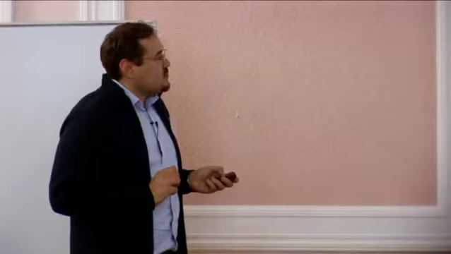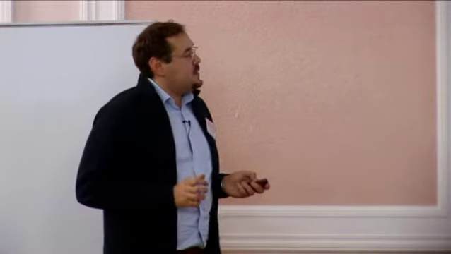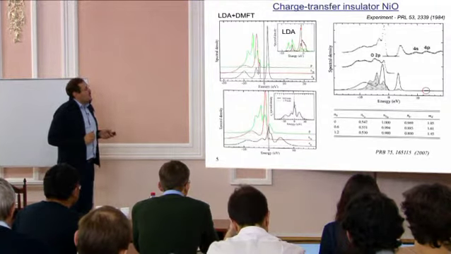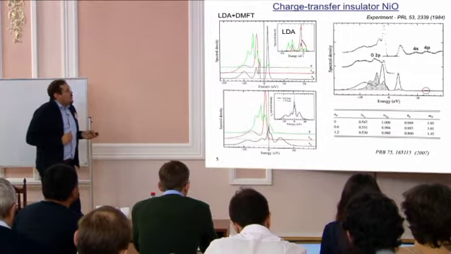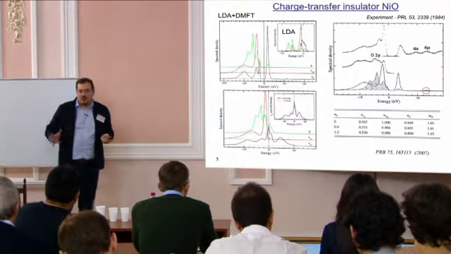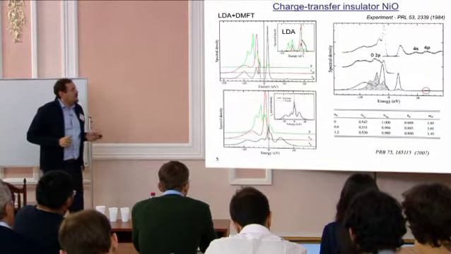In LDA plus DMFT there is another advantage of this method: it can be used in a paramagnetic state, in contrast to LDA plus U, for example, or some other methods that cannot handle this. These results were obtained for a temperature above the Néel temperature in nickel oxide, and show that the upper Hubbard band is almost completely formed by EG states of 3D orbitals of nickel.